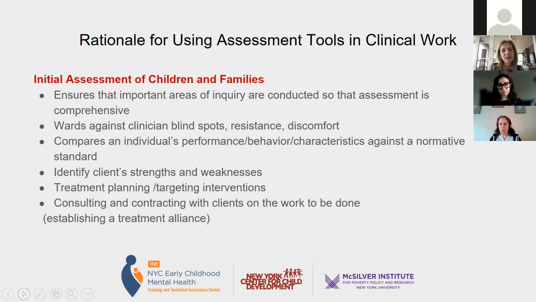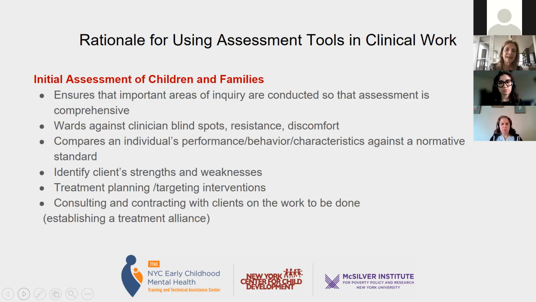But I remember an interview I did with a grandmother who presented so warmly and was such a good informant, personable and animated in her interview with me. And I remember that interview because when I looked at her measures after she left, she had scored extremely high on the PHQ-9. She really had symptoms very high for the possibility of depression, and that just didn't jive with how she presented. So I just want to underscore that sometimes we really do need measures to uncover things that are not so obvious in our clinical interviews.